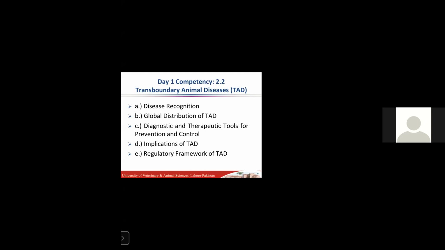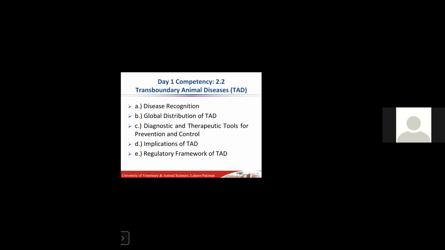And secondly, the global distribution of the transboundary animal disease is also very important. The day one graduate must know the national and international surveillance programs, what kind of surveillance programs are going on in his country and the neighboring country to control any transboundary disease at the global level.